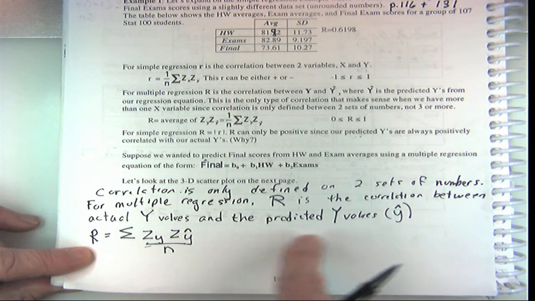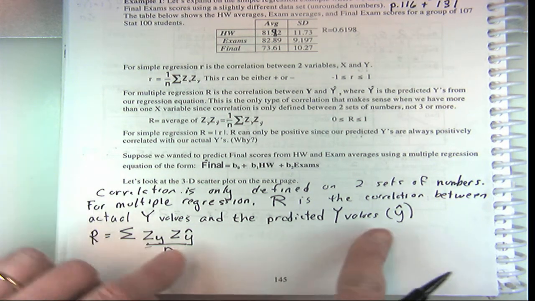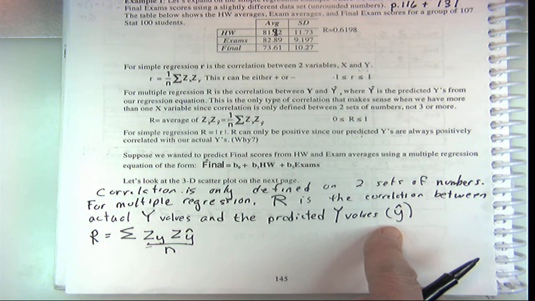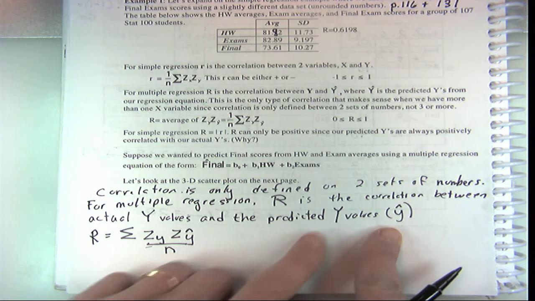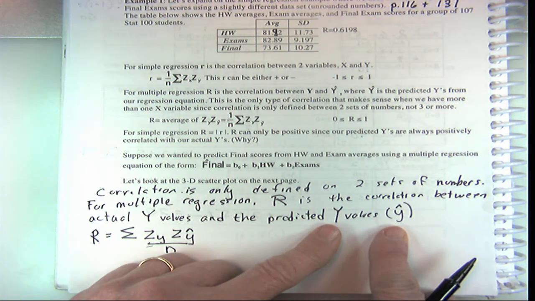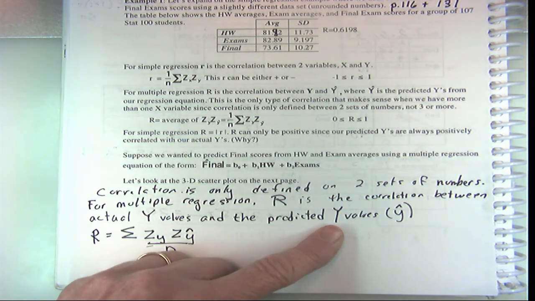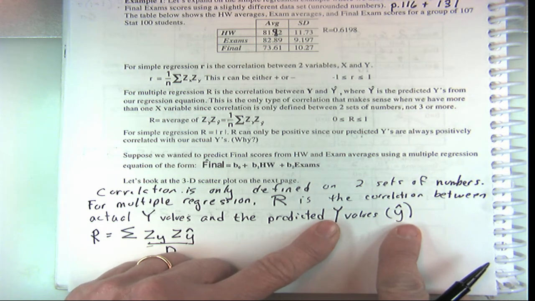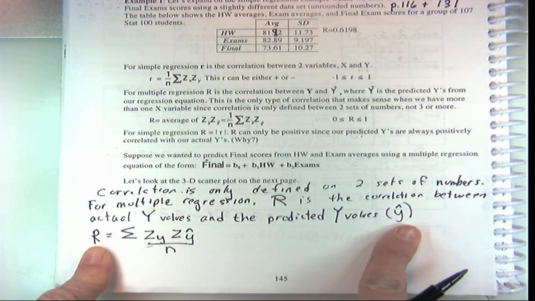If it's the correlation between your predicted and your actual, you want them to be close to each other. So even if there's a negative correlation, like x could be the opposite of y, as x gets larger, y would get smaller if it's a negative correlation. But our predicted y's would always get closer to your y value. So it's not going to be a negative correlation. It's always going to be a positive correlation here.